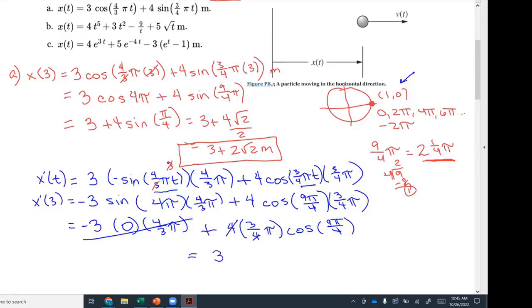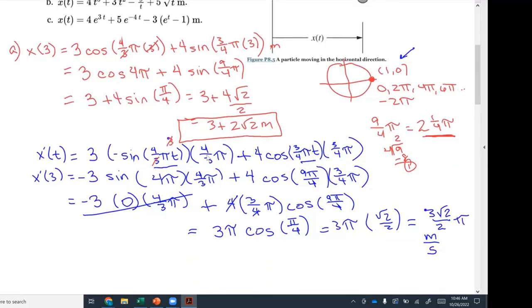Cancel this with this, I have 3 pi times the cosine of pi over 4, which is equal to 3 pi times square root of 2 over 2, which is equal to 3 times square root of 2 over 2 pi. And that is the velocity. So that's going to be in meters per second. I think t was in seconds. Yes. This is my velocity.